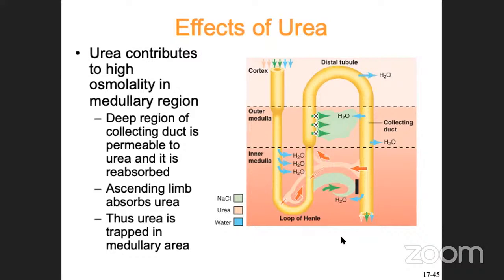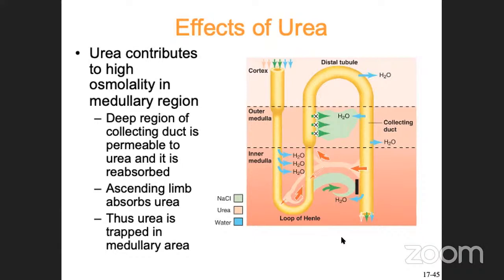Right, and then it travels up to the thick ascending limb where lots of sodium chloride is being reabsorbed inside the outer medulla region, and after that the ultrafiltrate goes to the distal tubules where most of the water is still being reabsorbed, and again reaching the collecting duct.